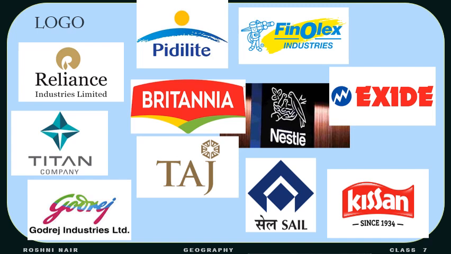In general, we use Fevicol. Exide is related to batteries. Nestle, so many times we eat Nestle chocolates, we use Nestle products like coffee powder. Kisan is famous for jam. Taj, these are all groups of industries, right? So these logos represent only a few industries. And let me mention, this is only for you to understand.